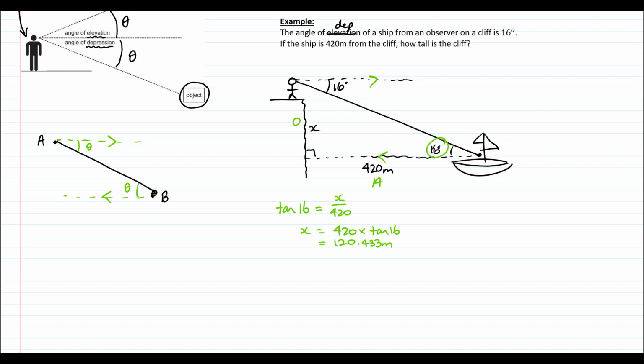You have to be very careful here, though. As you start moving into your senior years of maths, you have to start thinking about assumptions you make. So the first assumption you might make is that the cliff height doesn't include the person's height. And that's a little bit of an issue. Not only that, but down here we haven't included this other height here. So this is the ship height, we'll call S. So we've got to be very careful of that.